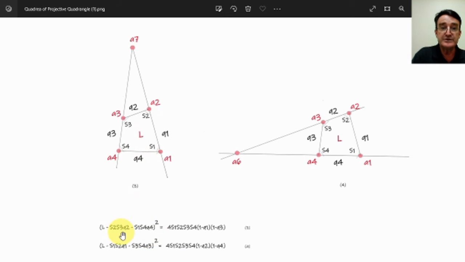So this S2, S3, Q2 is the quadreal of this projective triangle A2, A3, A7.